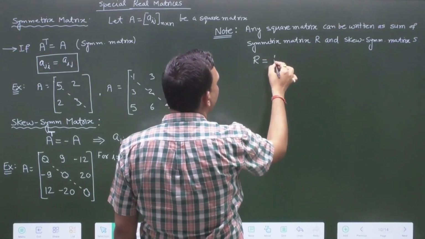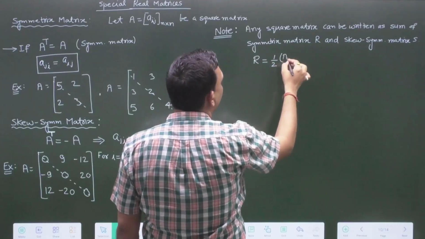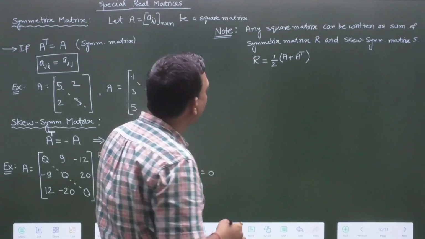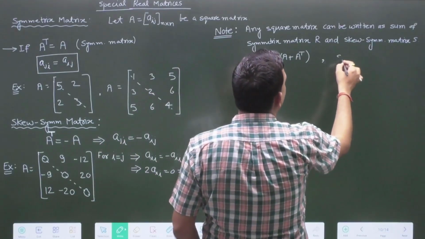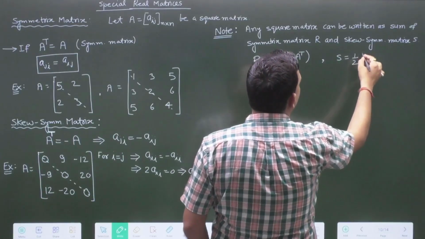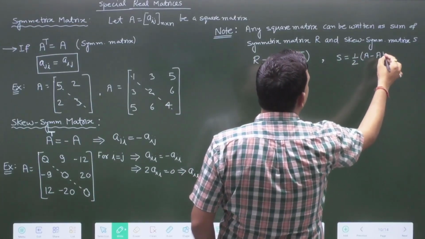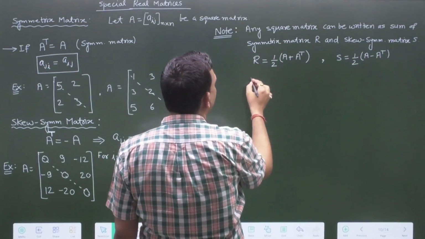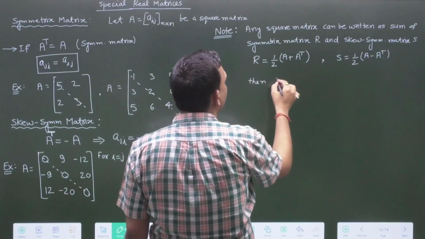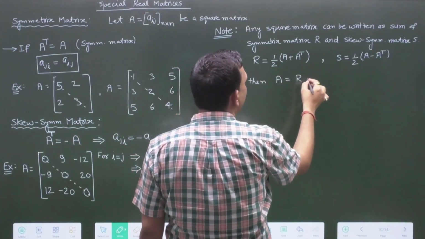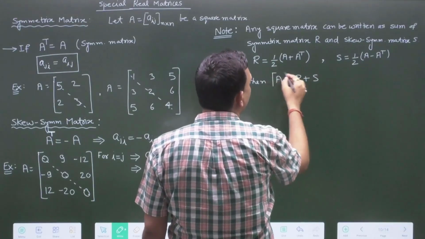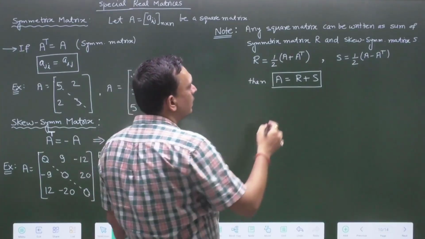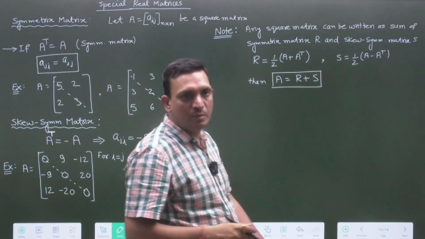If A is a square matrix, R is given by half of A plus A transpose, and the skew-symmetric matrix S is given by half of A minus A transpose. Then you can always check that A is equal to R plus S. So any square matrix can be represented as the sum of a symmetric matrix and a skew-symmetric matrix.